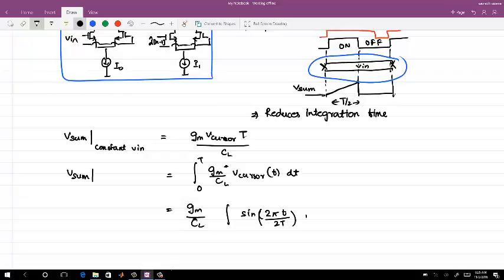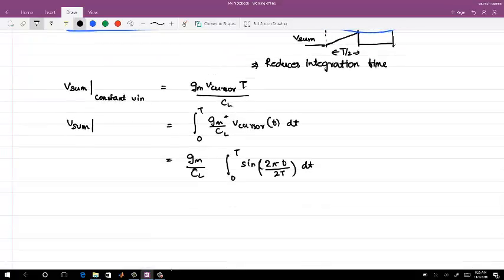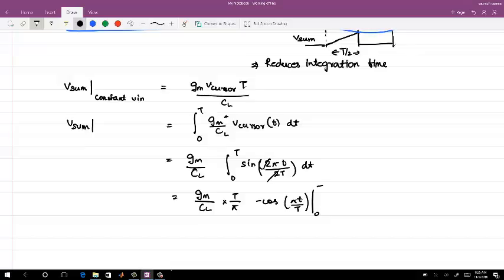So this is 0 to t, and this is Gm by CL, and you can just say 2 goes off. You have t by pi times cosine of pi t by t integration, this is minus 0 to t. So this will give you 2.